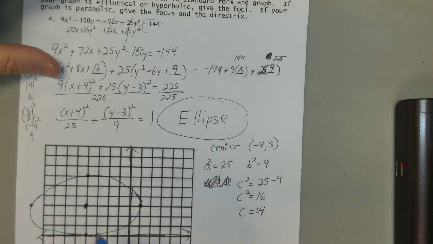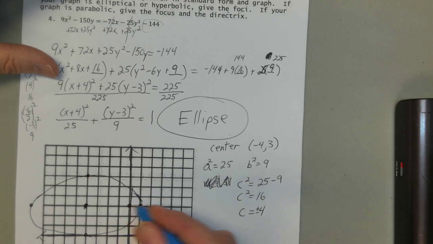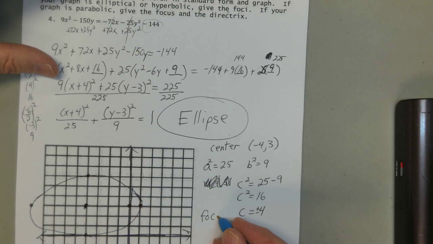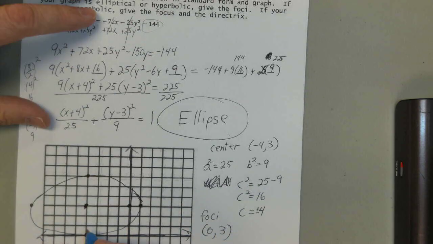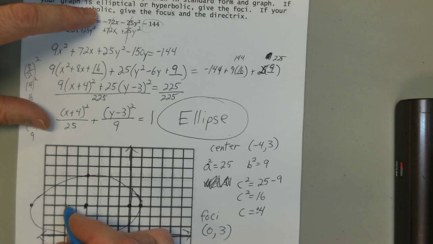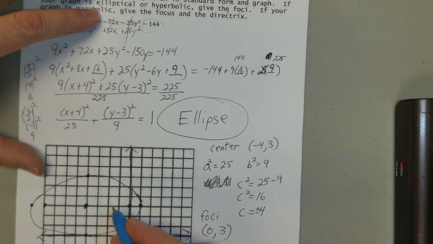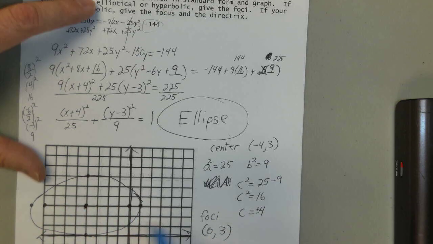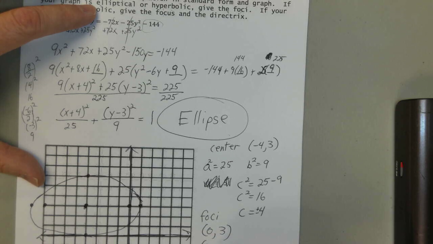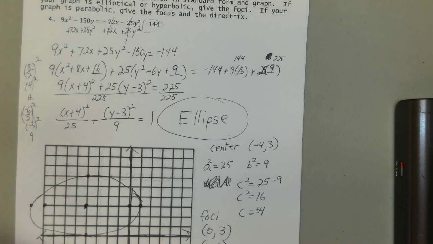So, from the center, I'm 4 units away. 1, 2, 3, 4. The foci are at (0, 3) and (-8, 3). Those are the foci.